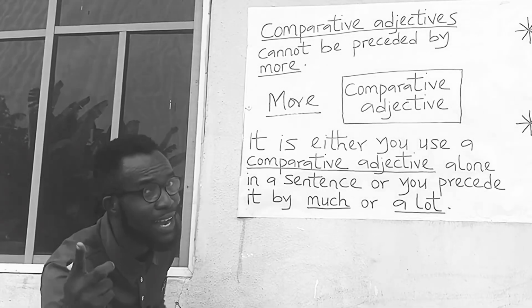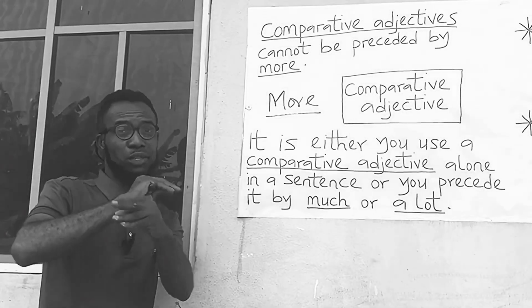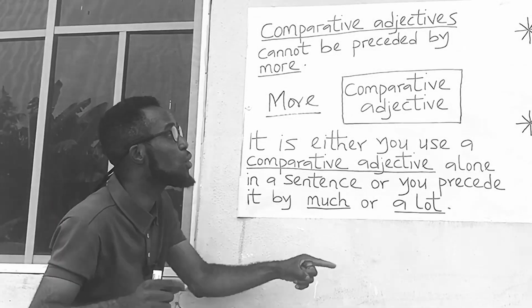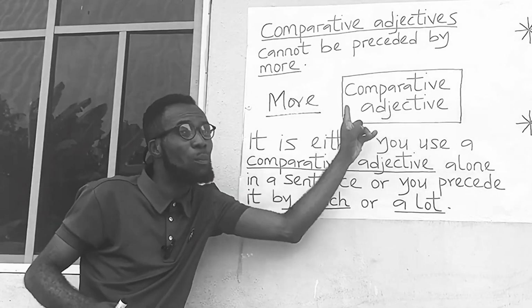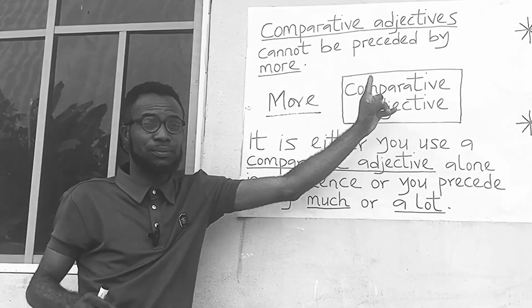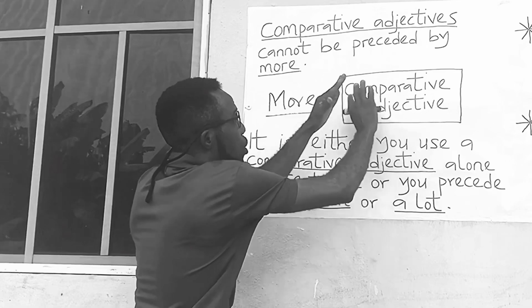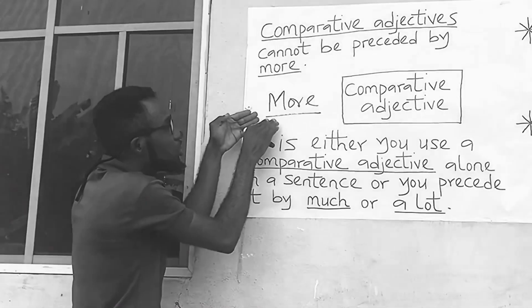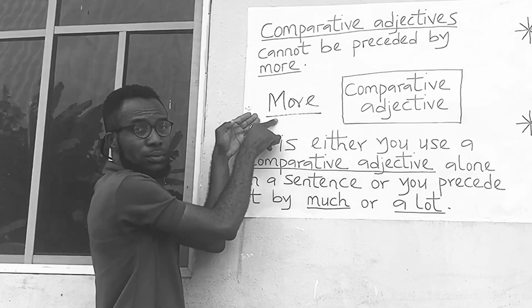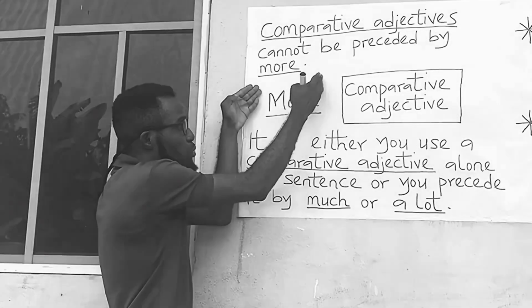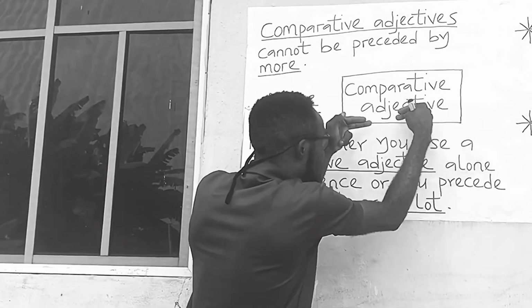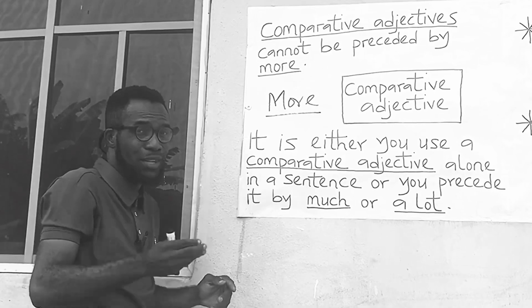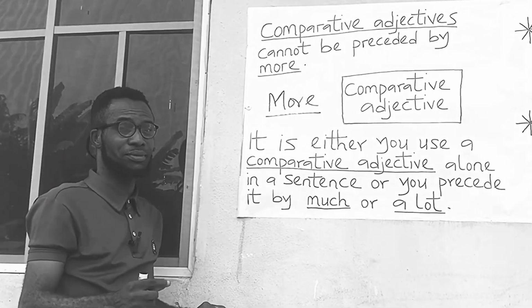To be on the safe side, so that you don't get confused, first of all, write out the comparative adjective. After writing out the comparative adjective, then note that you cannot precede it by more. I believe that is understood.